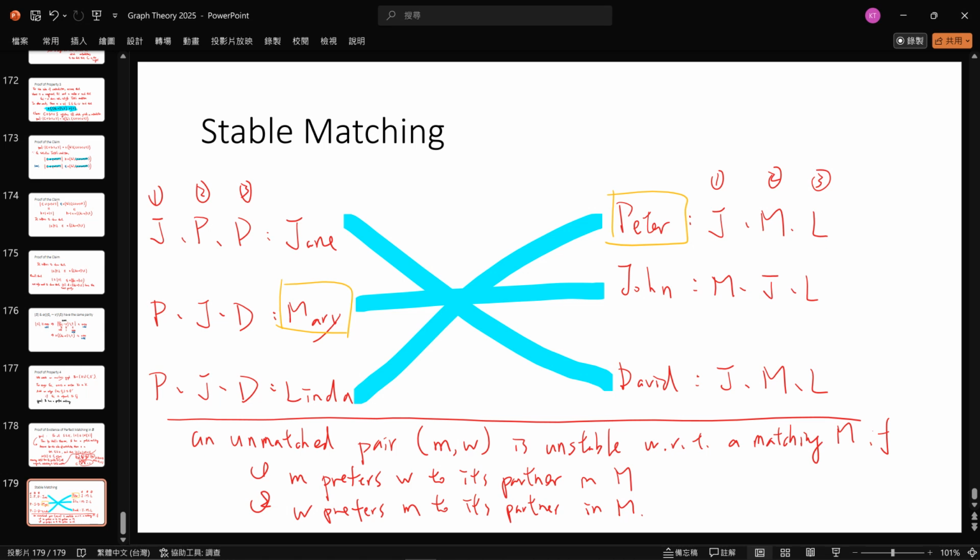And what is a stable matching? Basically, if there's no unstable pair, so you have a matching and you check all unmatched pairs, and if there's no unstable pair, then the matching is stable. So this is a matching without unstable pairs.